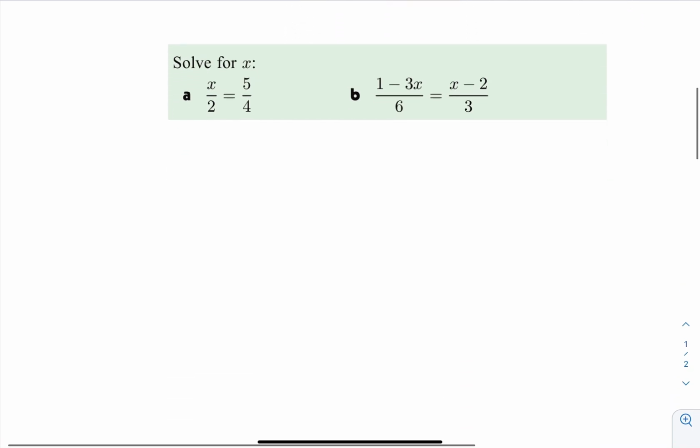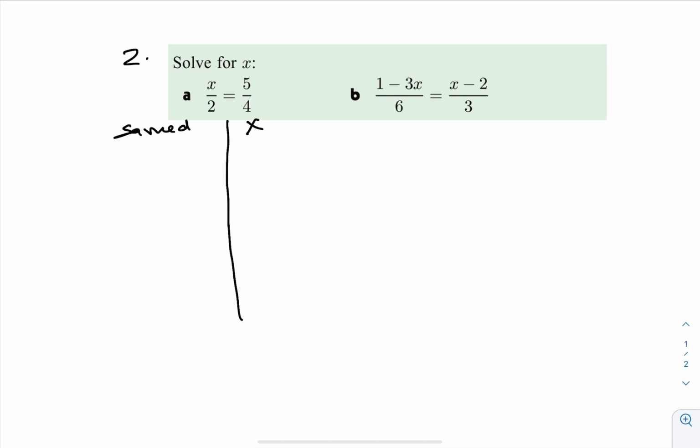So number 2, the next question for this one is x over 2 is equal to 5 over 4. Again, we can use two methods, cross multiplication or same denominator. If it's the same denominator, it's x over 2 is equal to 5 over 4. The least common multiple here is 4.